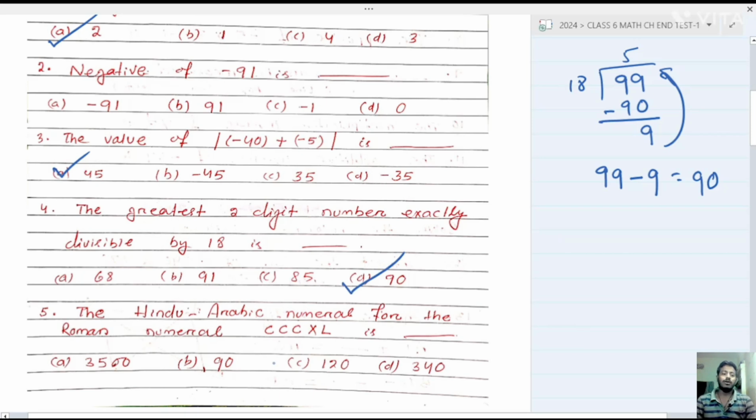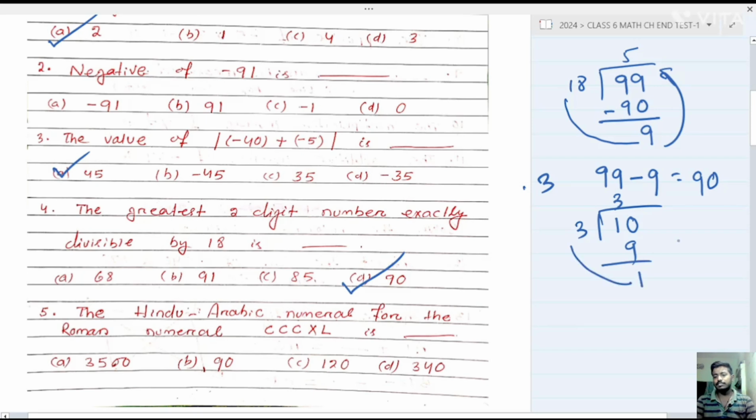Okay. Now next question. Suppose the question is the smallest 2-digit number. Smallest means we can add. Add means first we subtract the remainder from the divisor, then the number will be added. Suppose the smallest 2-digit number divisible by 3. So first we divide by 3. So 3 threes are 9, then remainder 1.